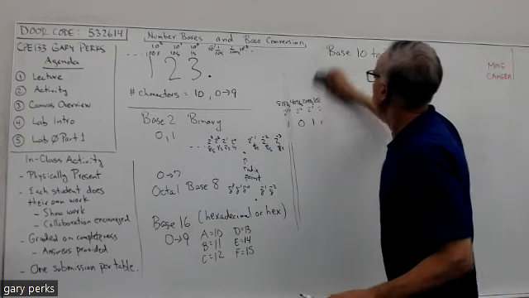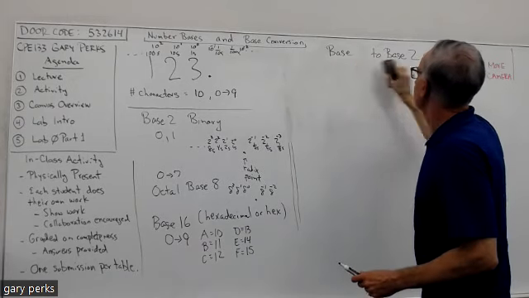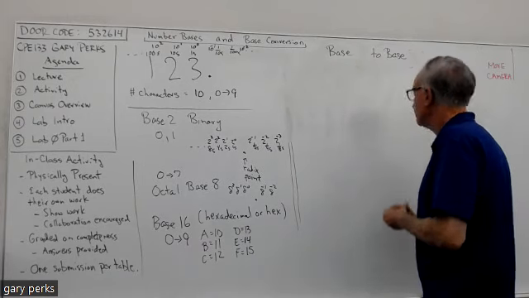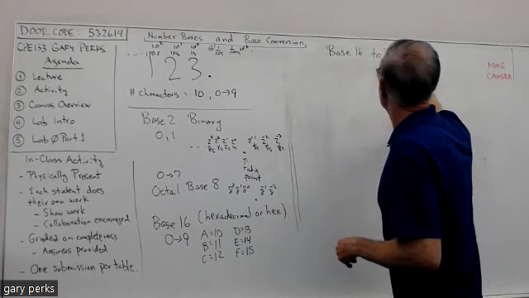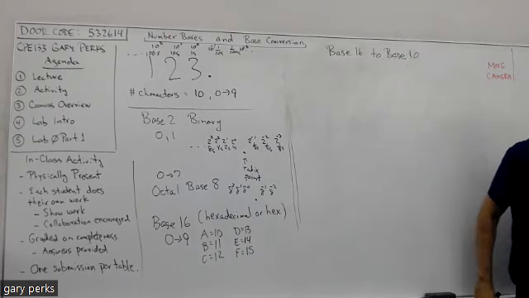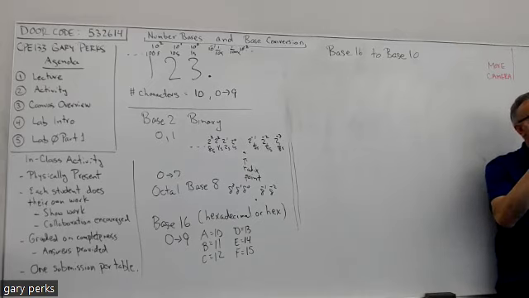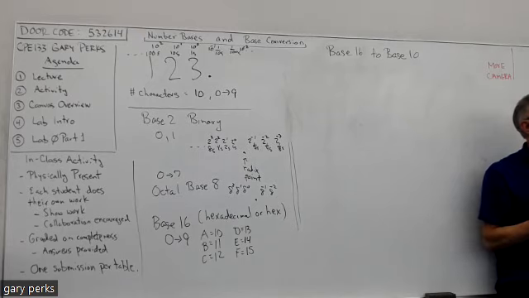The next one we're gonna do is base 16 to base 10. So somebody give me a 4-character hexadecimal number, with at least some of them letters.